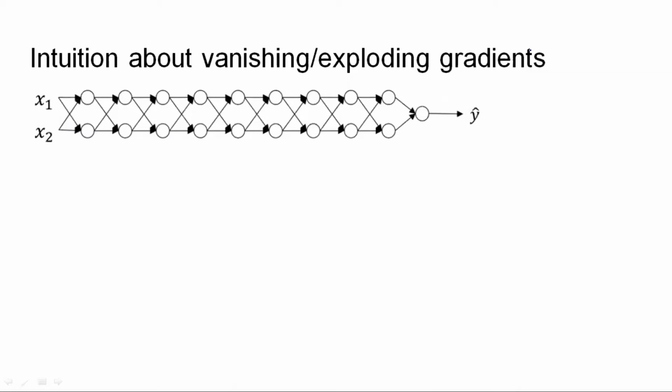So x1 and x2 here are the two input features for this neural network, and y hat is the predicted outcome that this neural network gives. Since this is a deep neural network, I need to write the matrices w1, w2, w3, and so on, till suppose I have L number of layers in the neural network.